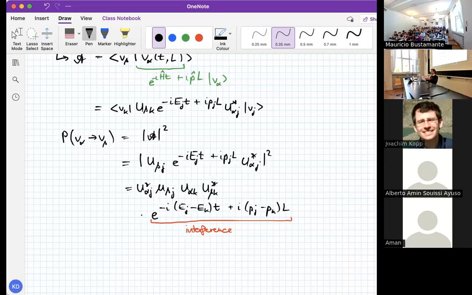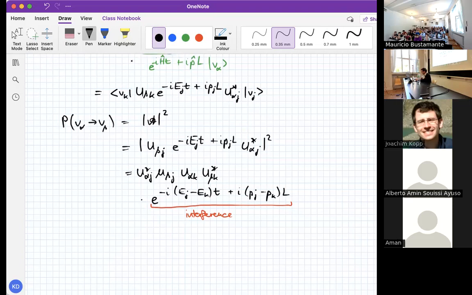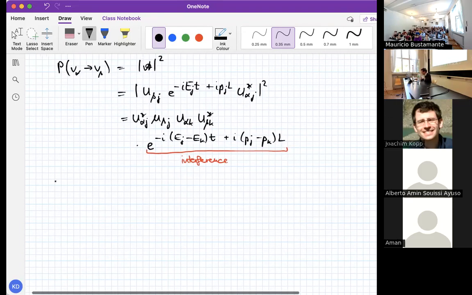And that means we need to have a rough idea of where they have been produced and where they have been detected. So the uncertainties in their spatial coordinates are not infinite. And this means that their momentum and energy uncertainties are non-zero. And these momentum and energy uncertainties are large enough to overcome the small kinematic differences between the different neutrino mass eigenstates, simply because neutrinos are so light. And that's why these states are allowed to interfere, even though they have classically different masses and different momenta.